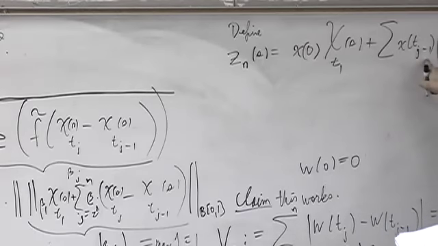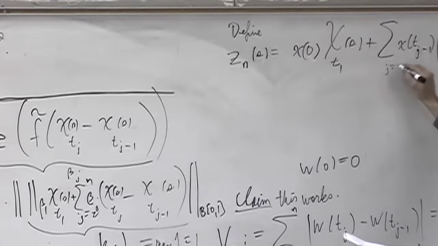I can take any point in the interval tj minus 1 to tj and get a consistent definition. You can see in my notes I changed it a little bit from the book. I don't know if he didn't revise the section or whatever. It's a pretty clean book, but I could take any t in the interval tj minus 1 to tj and get the limit here.